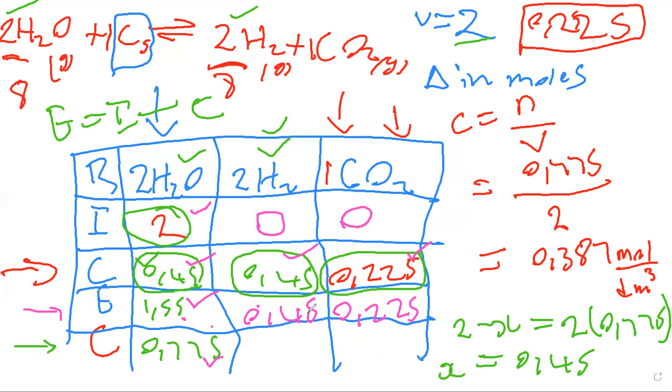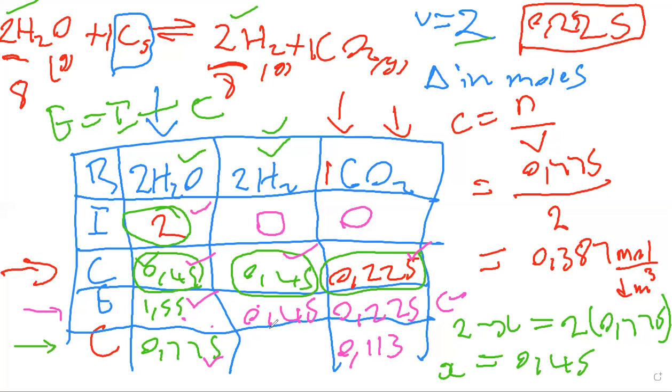Now we have to take these values and divide them by 2. If you divide this by 2, how much do you get? 0.113. 0.115.